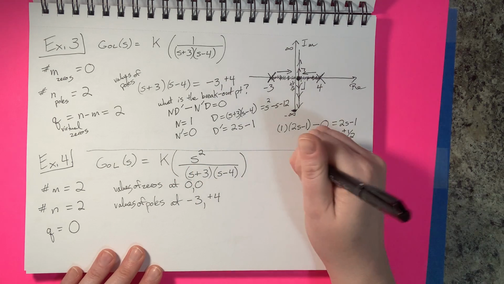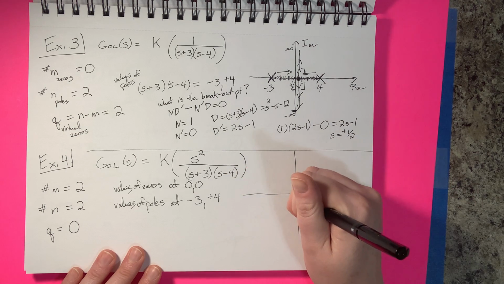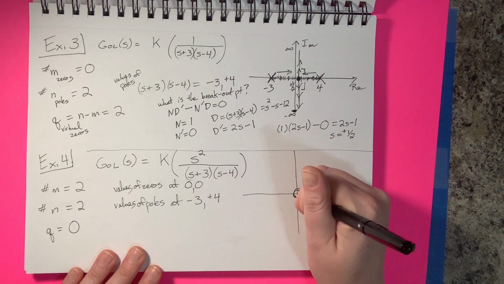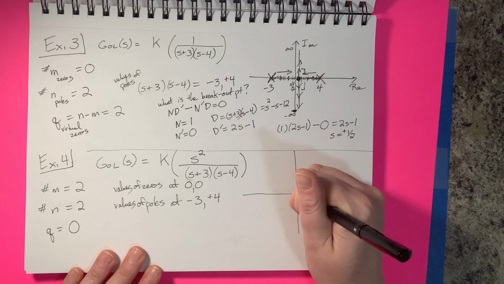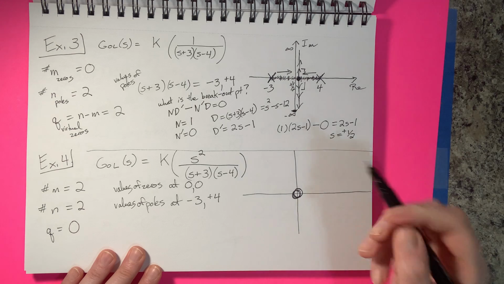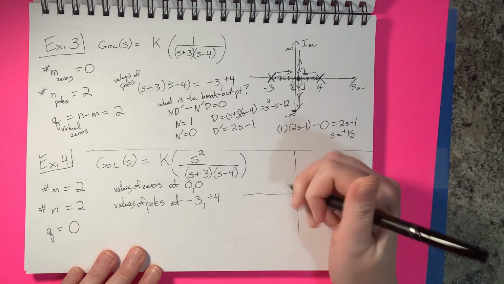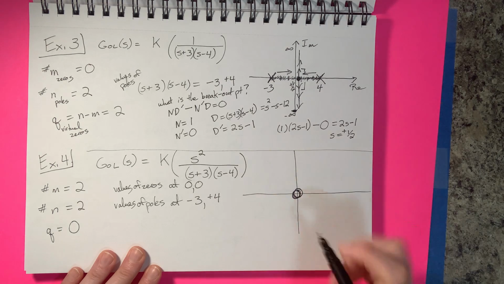All right, so let's go ahead and start our plot. So we've got a 0 here, and we've got another 0 here. It's rare that you have duplicated zeros, but if you do, then just try and show that you have more than one here.